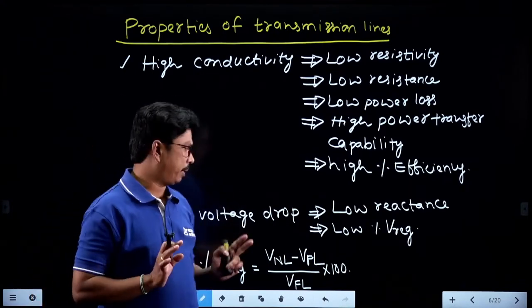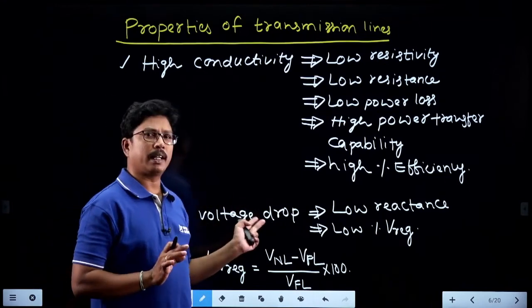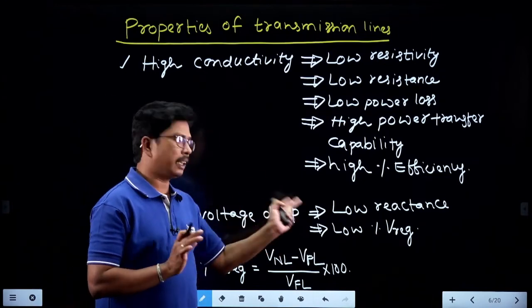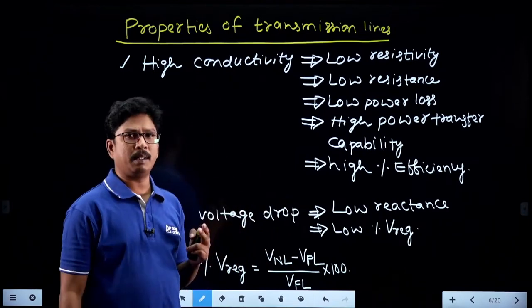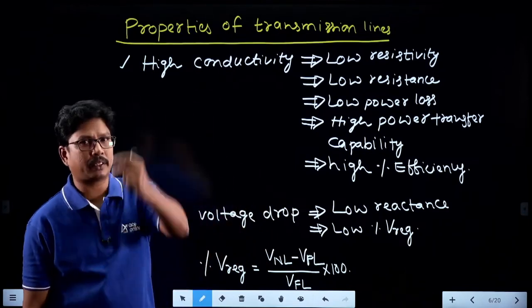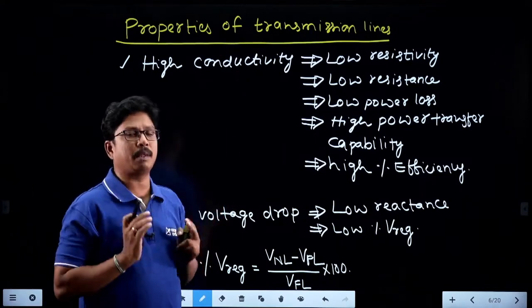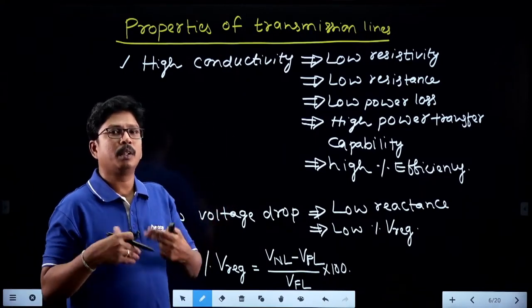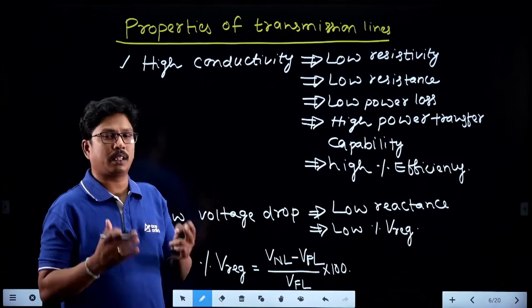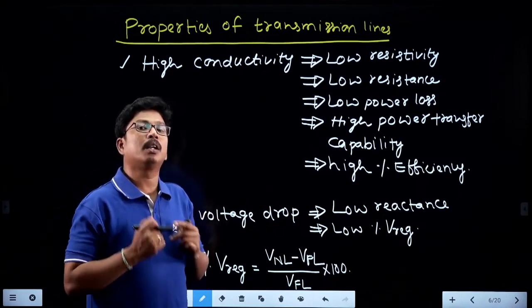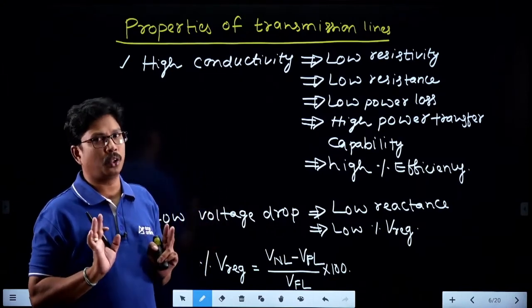Generator and transmission line are series elements, but the transformer is a shunt element, so the no load voltage will appear across the terminals. That's why, to give more insulation and more protection, we always design the transformer for no load voltages, not for the full load voltages.